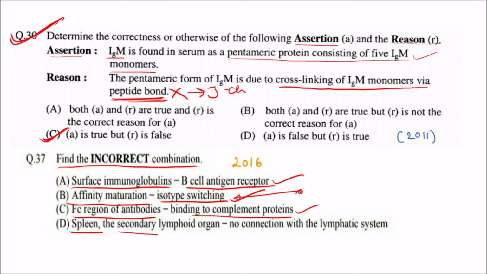Spleen, secondary lymphoid organ, no connection with the lymphatic system. This statement is wrong, because these are part of the lymphatic system. So this answer is correct, because it is the incorrect combination.